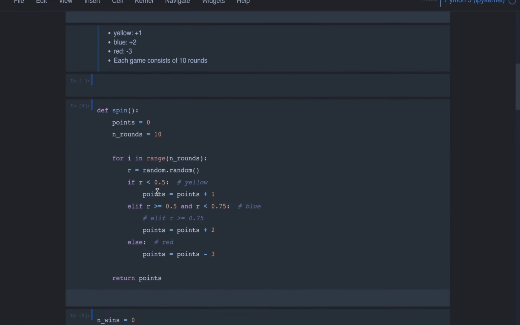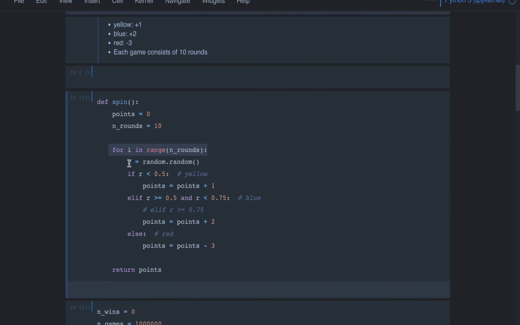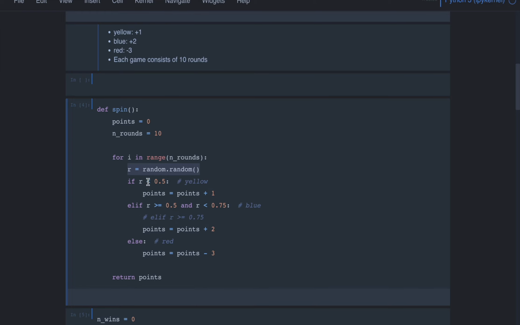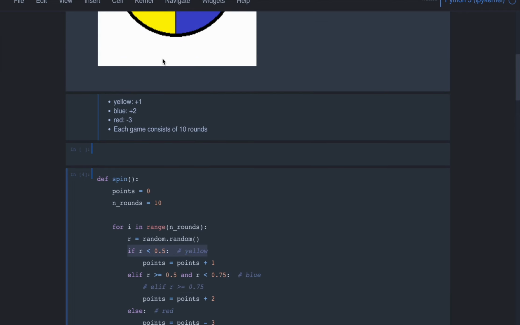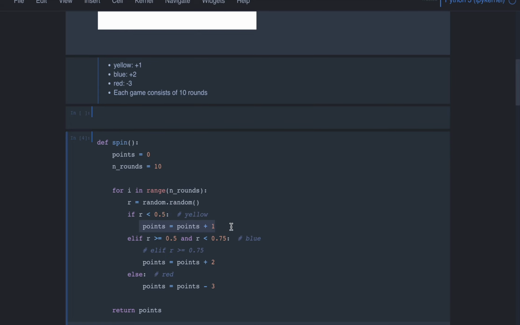So for example, here what we are doing is we are defining a function. We are going to, for each game, and each game consists of 10 rounds, right? So that's why we are looping over 10 values. Now we generated a random number. Now we know this value is going to be between 0 to 1. So here what we are doing is, if the value is below 0.5, we are calling that yellow region, and our number of points will increase by 1.